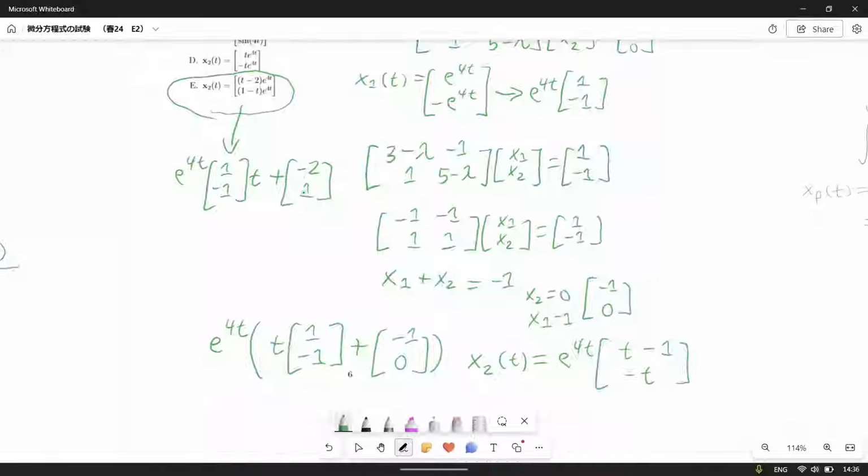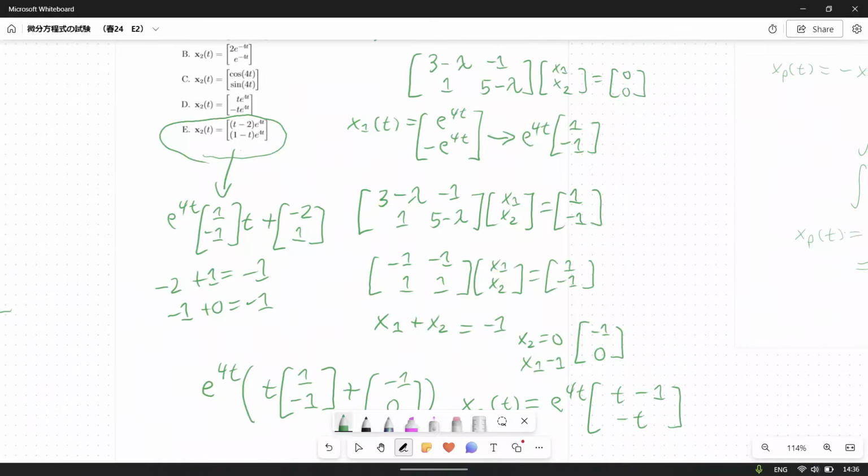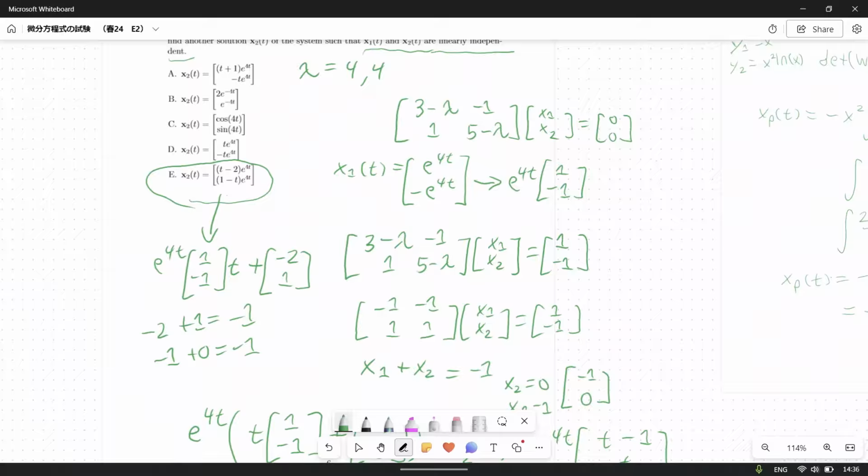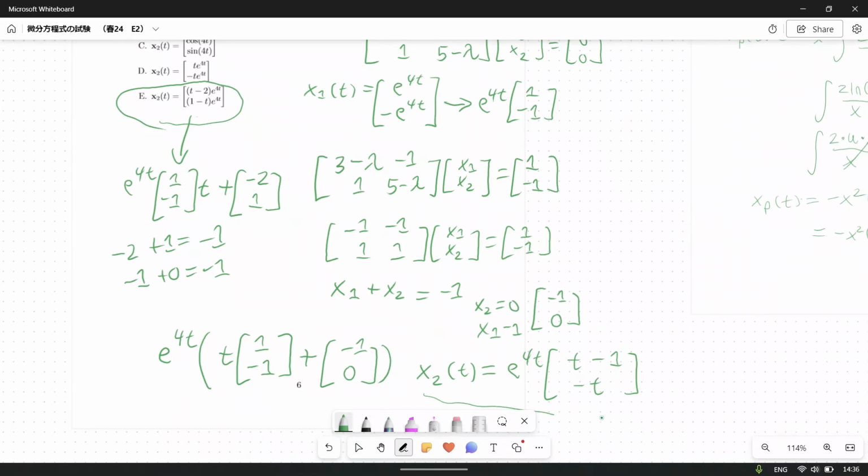But when you plug negative 2 and 1 into this equation, it still satisfies it, because negative 2 plus 1 equals negative 1, and in my case, negative 1 plus 0 equals negative 1. Technically speaking, there are infinitely many possible solutions depending on what numbers you choose, and this exam just decided to use different numbers. That's why E is equivalent to my solution over here.